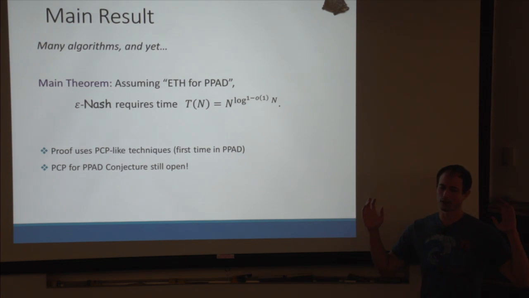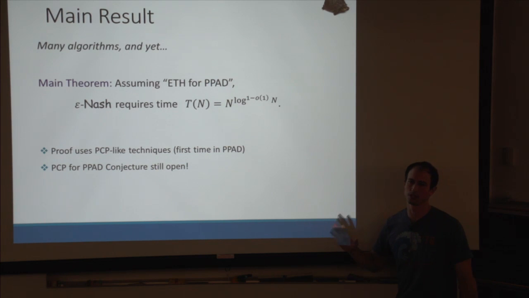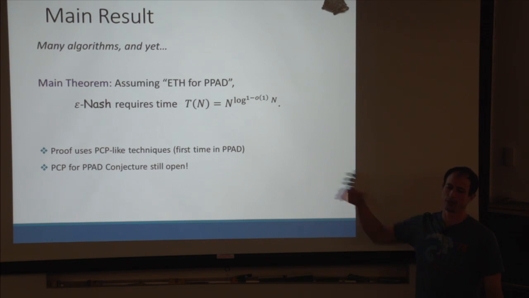Okay, so like I said, there are all these algorithms, but in the general case, epsilon Nash does require quasi-polynomial time, and the proof uses PCP-like techniques for the first time for problems inside the class PPAD. I'll try to mention why it's tricky later.